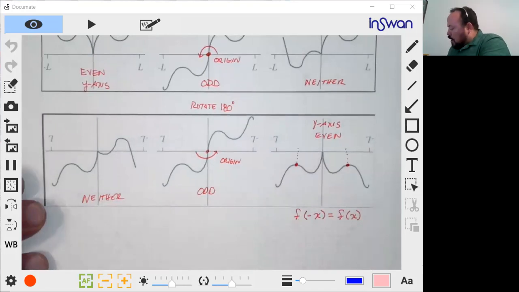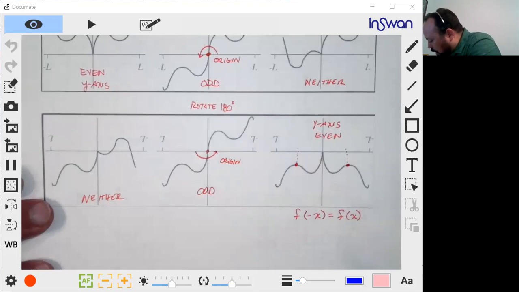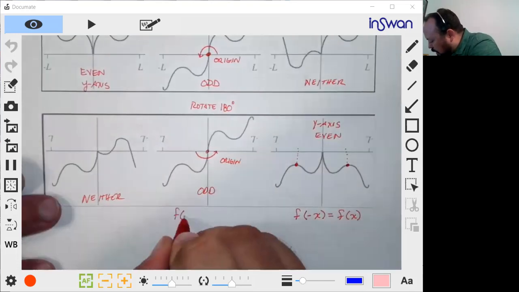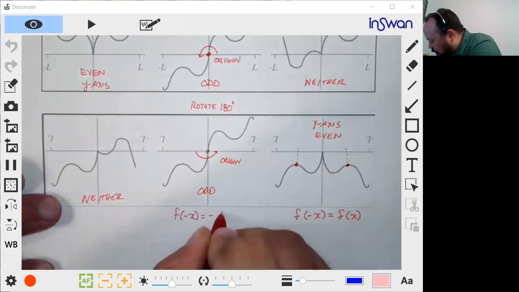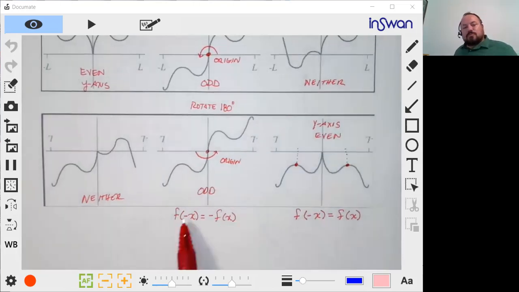For the origin symmetry, what I have is f of negative x is equal to negative f of x. And we're not going to focus quite as much right now on this notation, but rather on the relationship between number pairs.